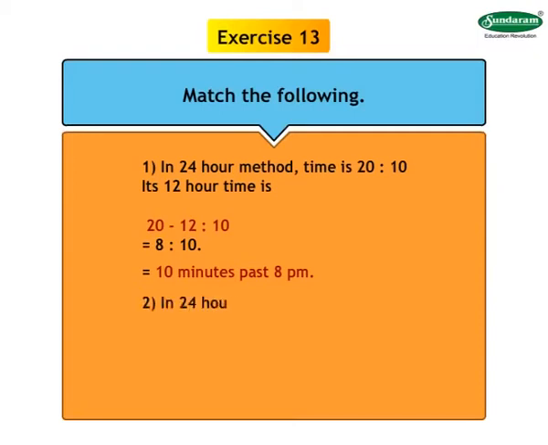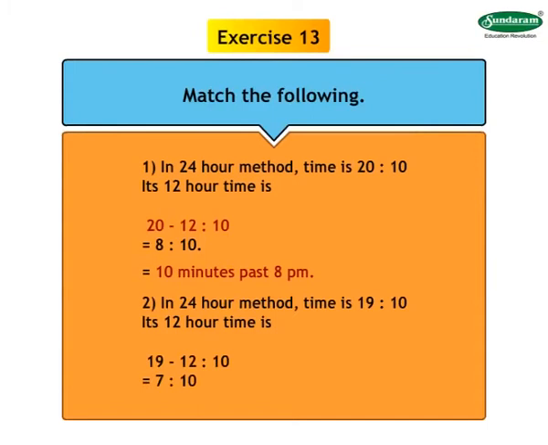In 24-hour method, time is 19 hour 10 minutes. Its 12-hour time is 19 minus 12 hour 10 minutes is equal to 7 hour 10 minutes is equal to 10 minutes past 7 p.m.